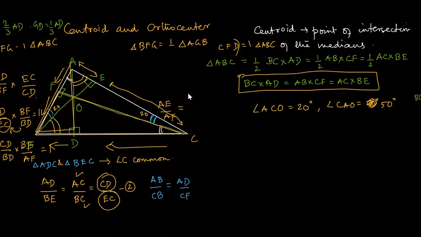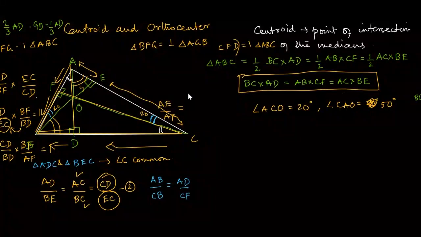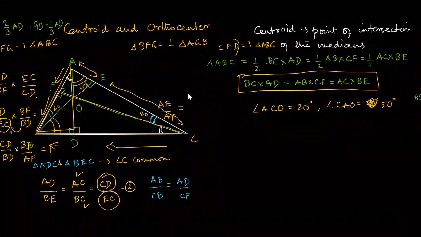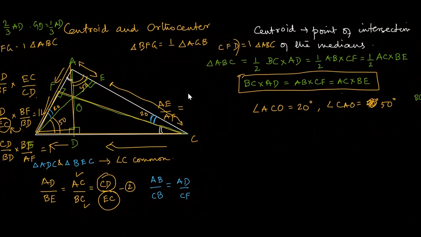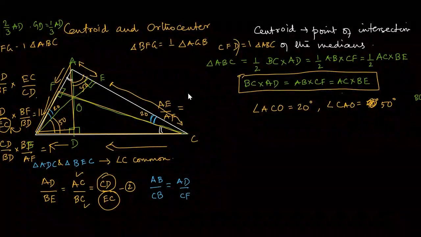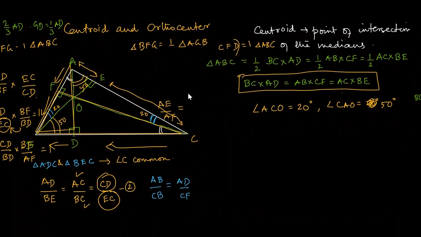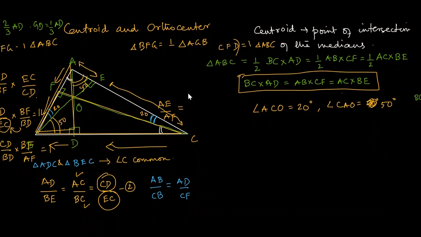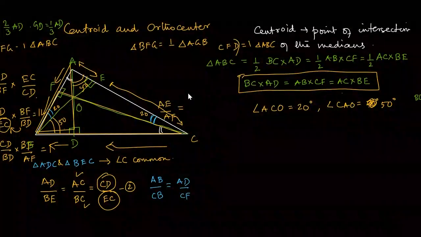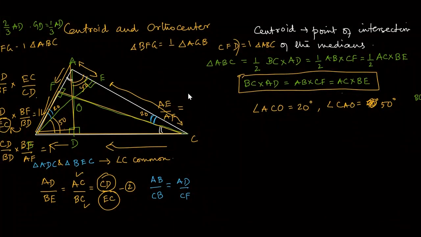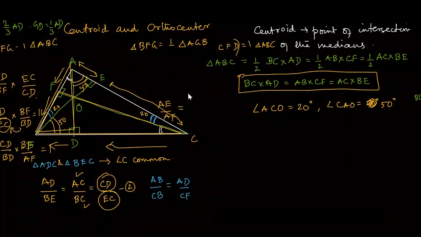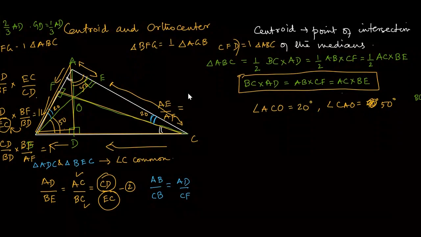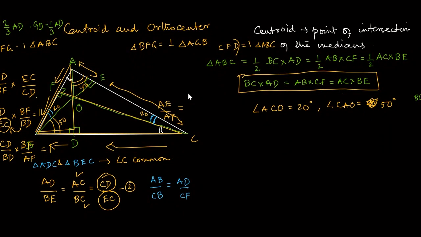CAO is given as 50, so this becomes 50. Fine. And then what about the other two? In triangle AFC, we can use the angle sum property and find out BAD, and that will be equal to FCB. Correct. So that is one way you can do it.